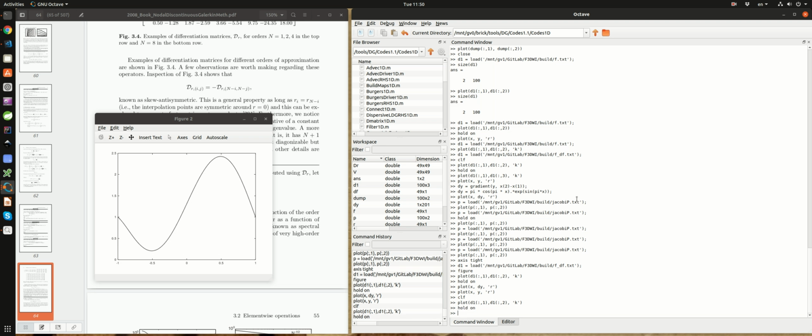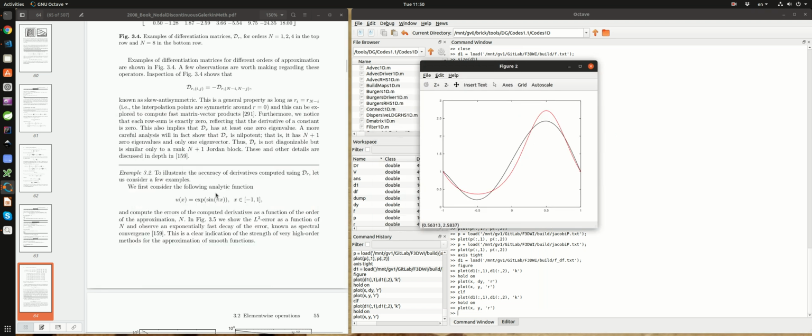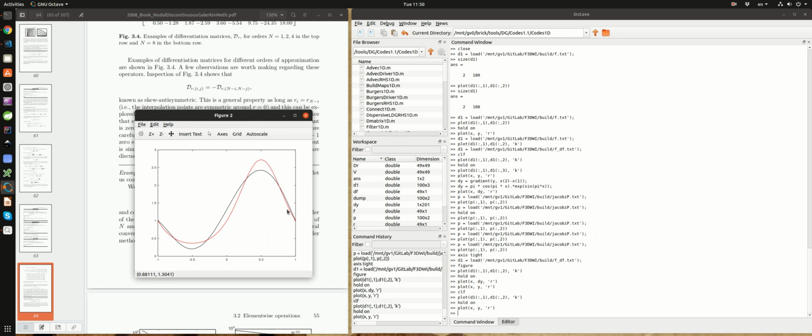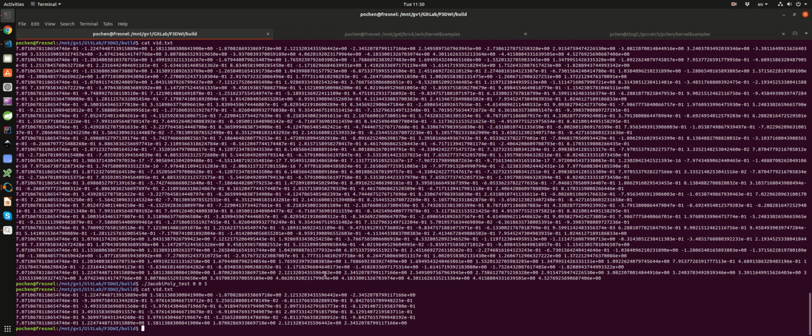If I hold on to that and then plot x, y, r, that's the original representation of the analytic function for this particular exponential function with 100 uniform samples from -1 to 1. So it looks quite different, right? That's because we only use 5 different points.